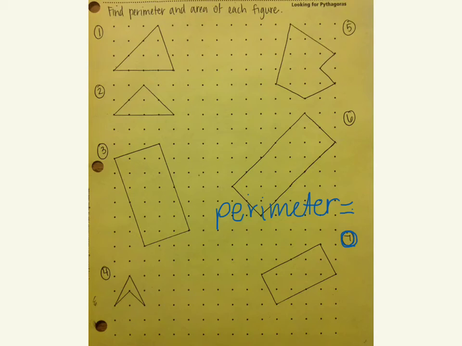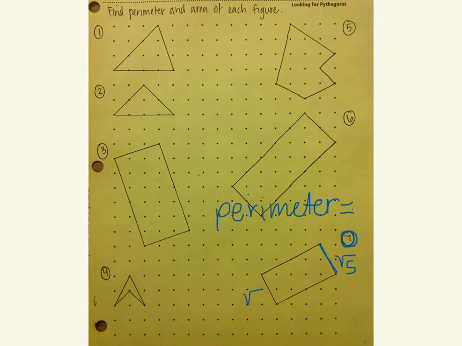The last example I'd like to do with you is number 7, and I'm going to let you find the area on your own because, like I said, you're a pro at it at this point. So now let's just think about finding the perimeter of this shape. As I noted earlier in my video, any line segment that goes down 2/1 or has the slope of 1/2 or 2/1 is going to have the side length of the square root of 5.